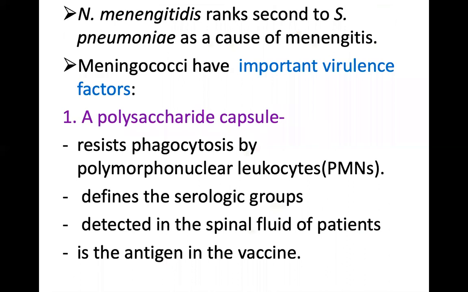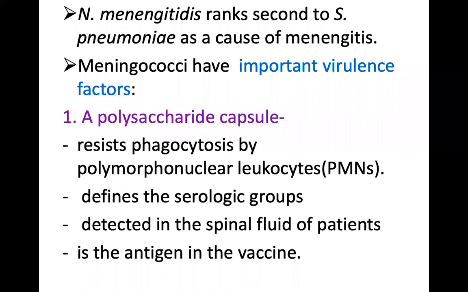Looking at the virulence factors for meningitidis, a very important one is the capsule, and this capsule enables the bacteria to resist phagocytosis by polymorphonuclear leukocytes. The capsule is the basis for classification of the serologic group. So we have serotypes given alphabetical letters under this species, A, B, C, D, E, all the way to Z. And those serogroups or serotypes are based on the capsular antigen.